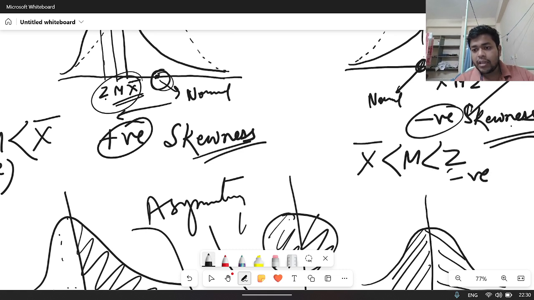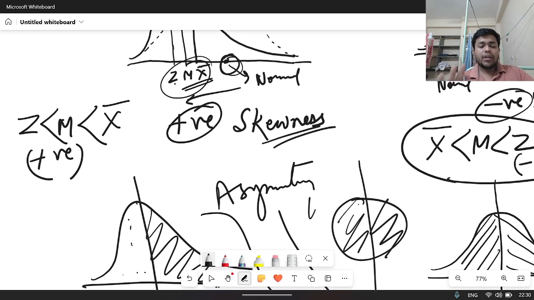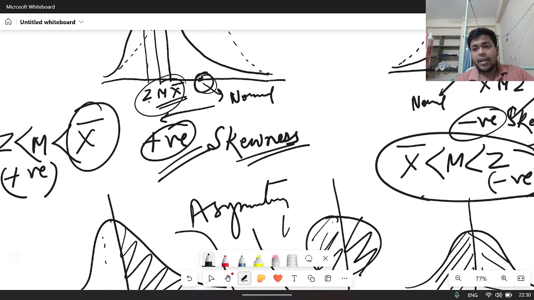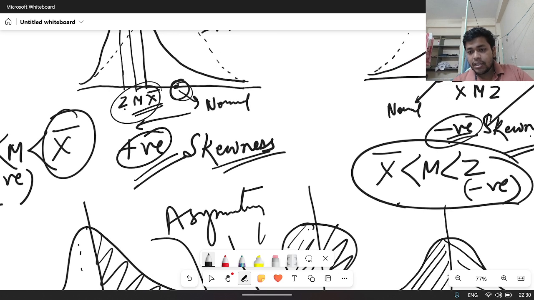So to avoid confusion, just remember one thing: when there is positive skewness, mean is the highest, and when there is negative skewness, mean is the lowest. And always remember the order: mean, median, mode. So you will get the relation.